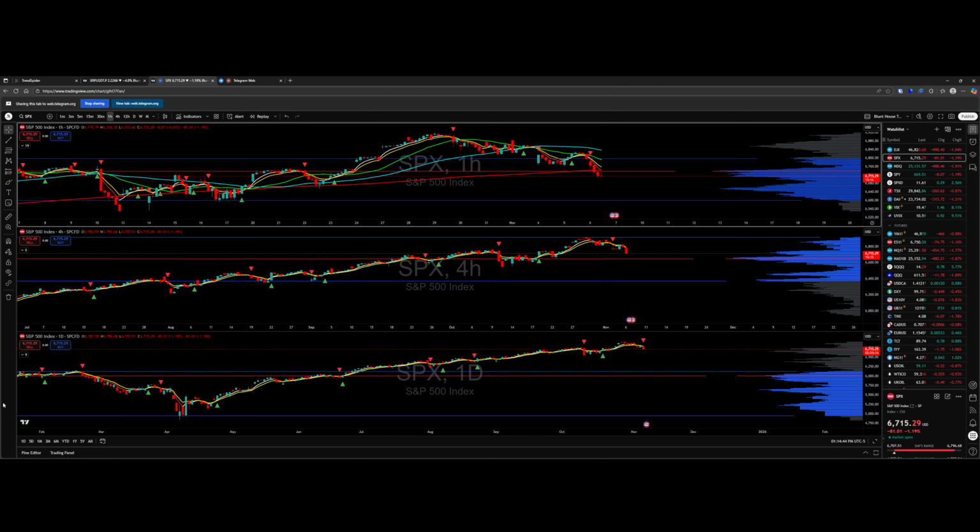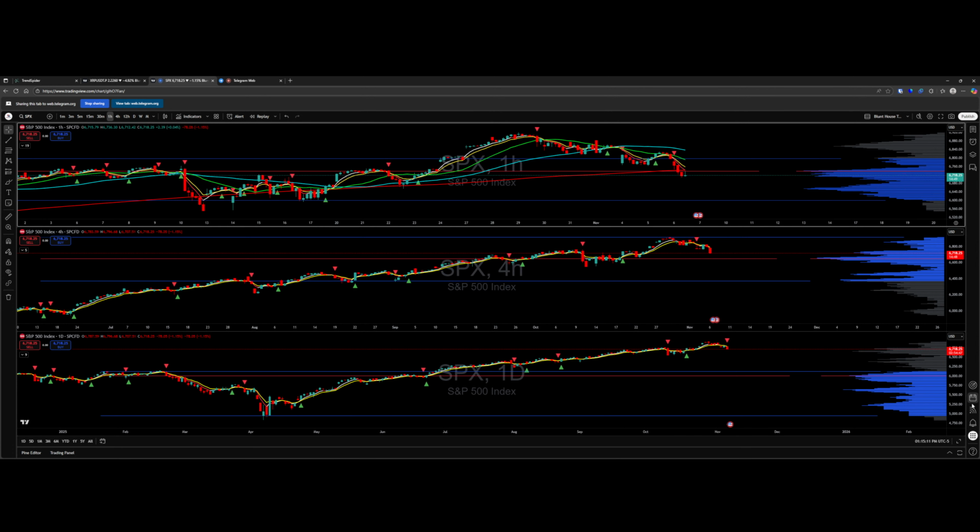So if that's your bias, you're looking for a short opportunity and you think the market's toppy, well, shorten the time frame so that you can see the move on the daily that everyone wants to talk about and start to build trades around it, so that you can actually see that long before it happens. That's what this is illustrating. This is what fractal analysis allows you to take advantage of.